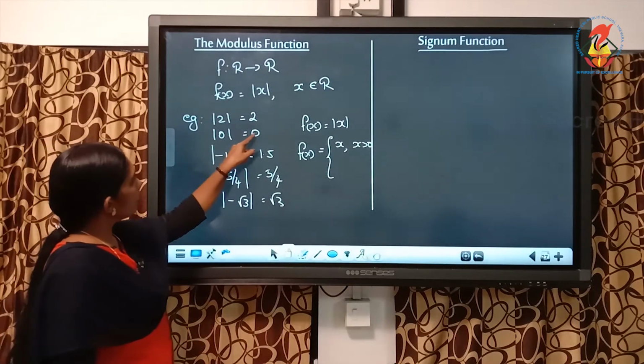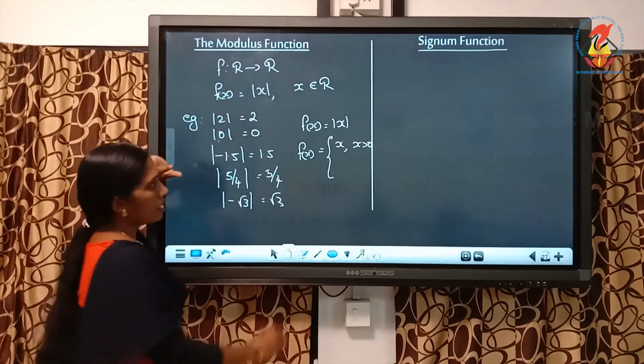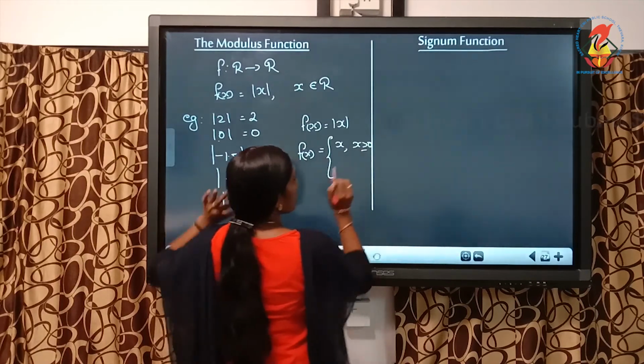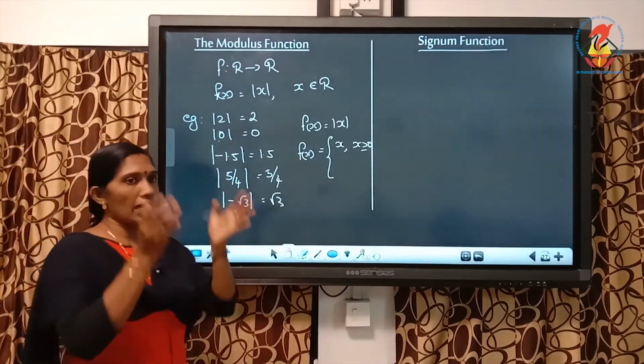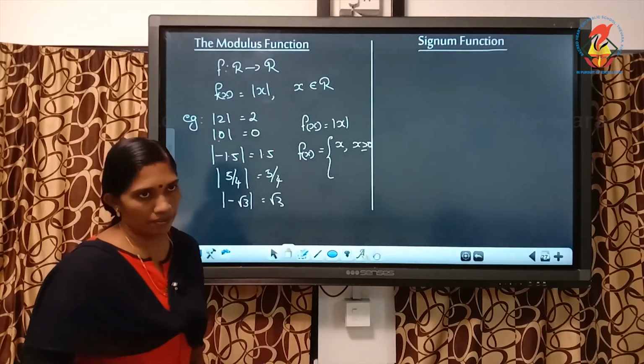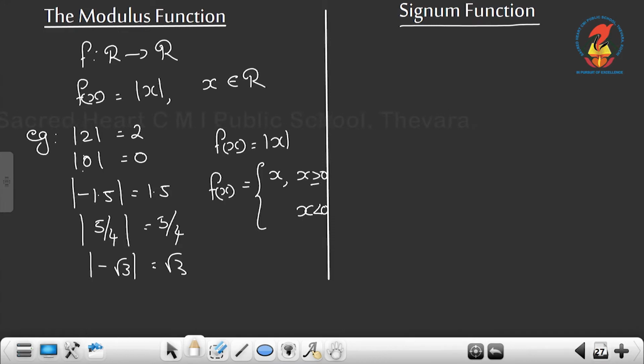And when x is equal to 0 also, whatever is inside is the answer. So, here we can write when x is greater than or equal to 0, whatever is inside that symbol is the answer. But if x is negative, x is less than 0, look here, minus root 3, here it is root 3. Okay? And here minus 1.5, that is 1.5.